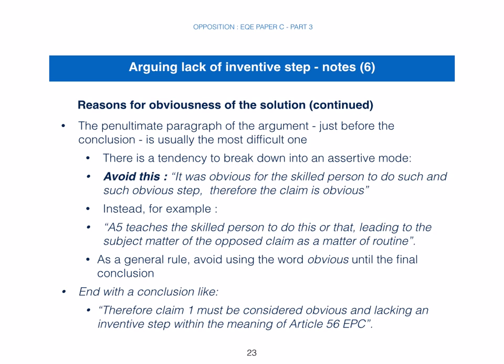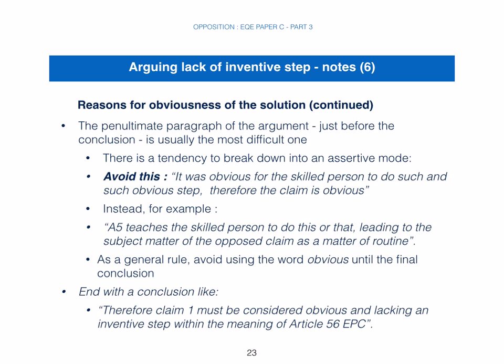So you want to avoid this, saying things like this: it was obvious for the skilled person to do such and such an obvious step, therefore the claim is obvious. That's like arguing, it's obvious because it's obvious, therefore it's obvious, which is a circular argument.